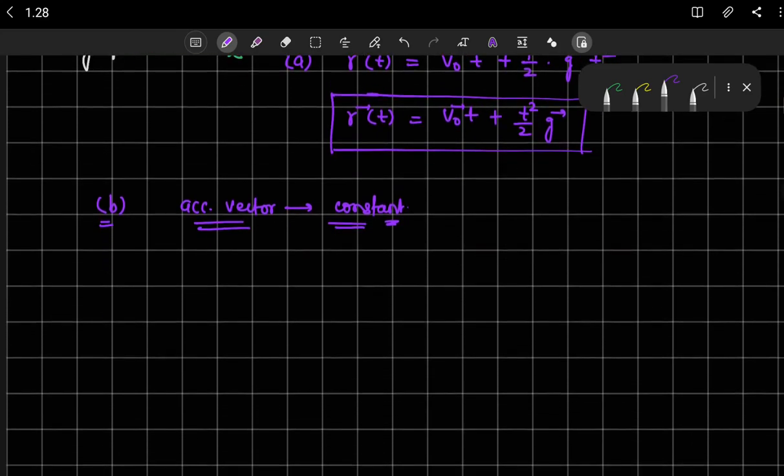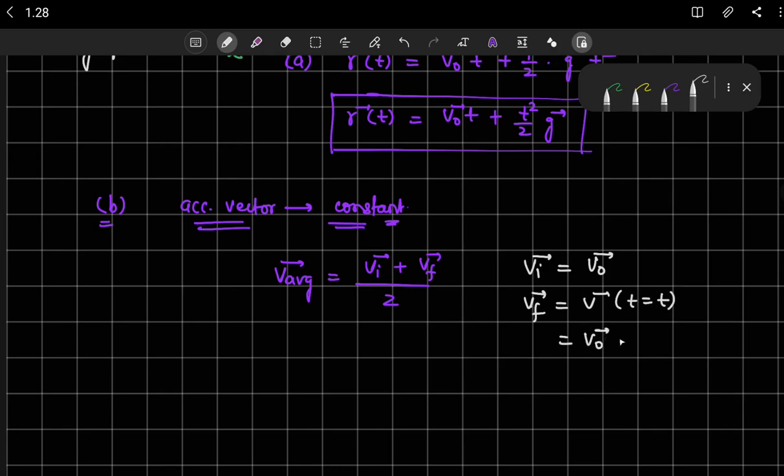If the acceleration vector is constant, in that case we can write the average velocity vector is equal to the initial velocity vector plus the final velocity vector, whole divided by 2. The initial velocity vector we know is v0 vector, and the final velocity vector we can find using the velocity vector at any time instant t, that is equal to the initial velocity vector plus the acceleration vector into t.